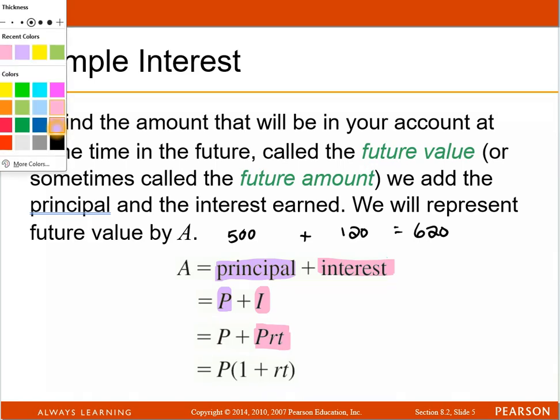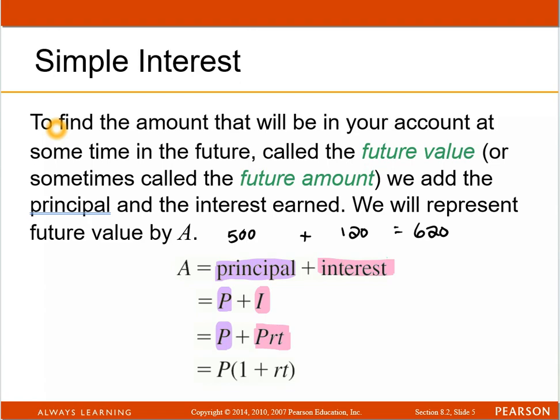It's the same thing. And then what they do here is they use something called factoring. They took the P plus the PRT and looked at, well, what do they have in common? They both have a P, so they divided the P out. And if you take P and divide by P, anything divided by itself is just 1.